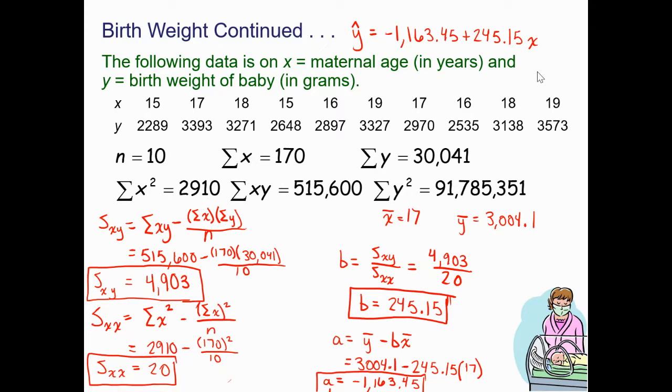So what we just did was found the regression line by hand. If you weren't sure whether you did it right or not, you could also do linear regression in your calculator like we did in chapter 5, and you'll find that it's the same thing. We just did it by hand instead of letting the calculator work all the magic.